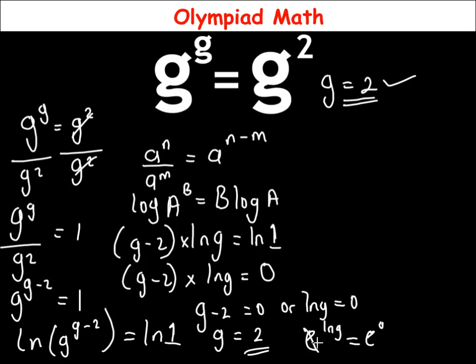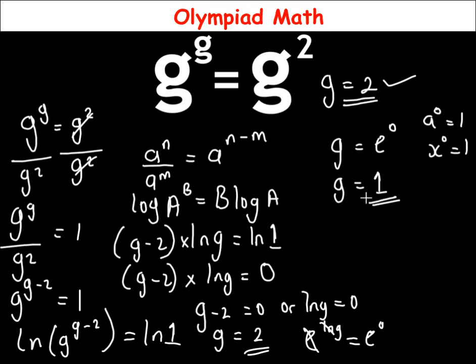So e will cancel ln, and what you have is g. So g is equal to e to the power of 0, and any number to the power of 0 is equal to 1. So g is equal to 1. Anything to the power of 0 is equal to 1. So we've gotten the other value of g, apart from g equals 2.